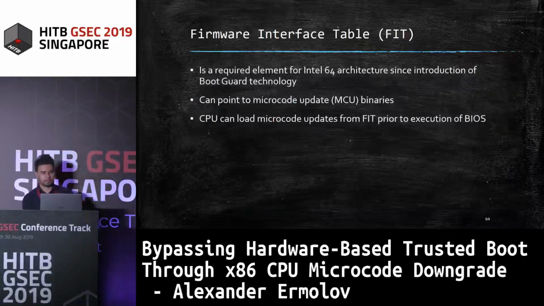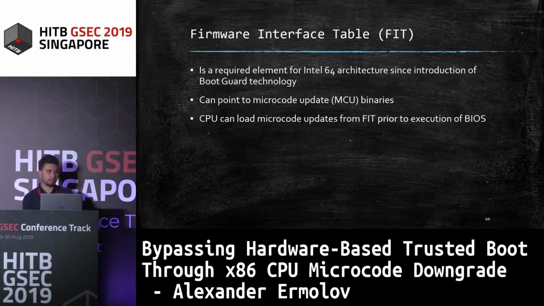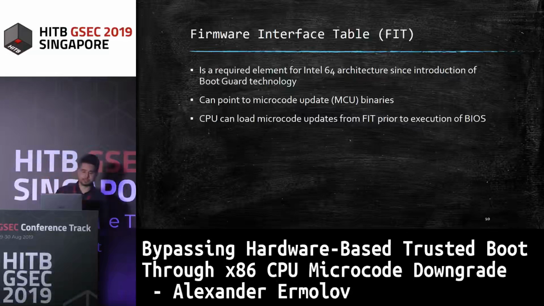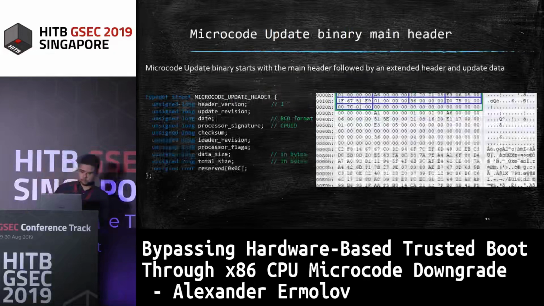Since the introduction of Intel BootGuard technology, the firmware interface table is a required element. It can point to microcode update binaries, and the CPU can automatically load microcode updates from the firmware interface table, and this is done before the execution of the BIOS.